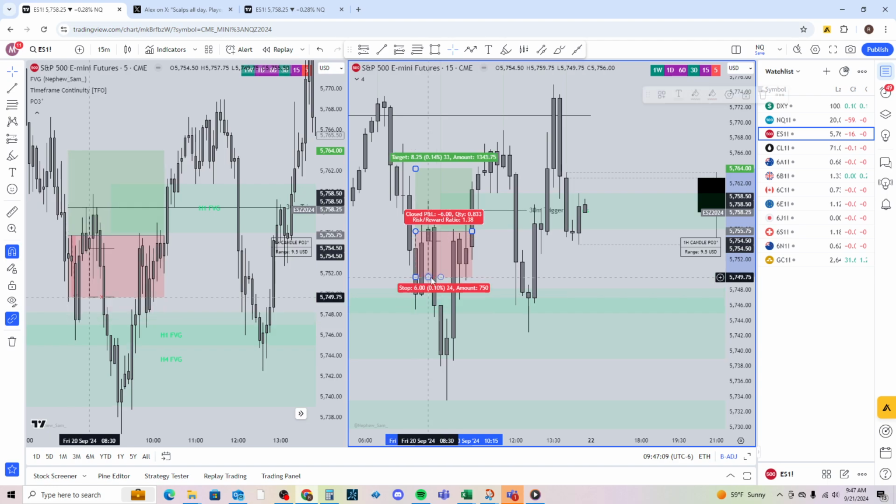Taking this one, so that's stop out. Right, taking this 15-minute entry. Stop loss will be the same. It's that 8:15 candle.